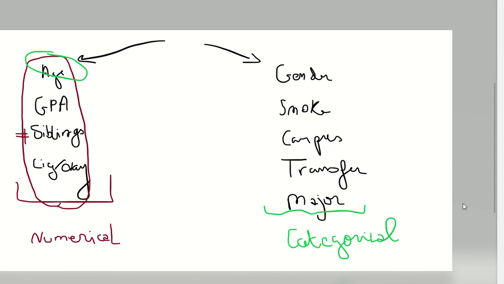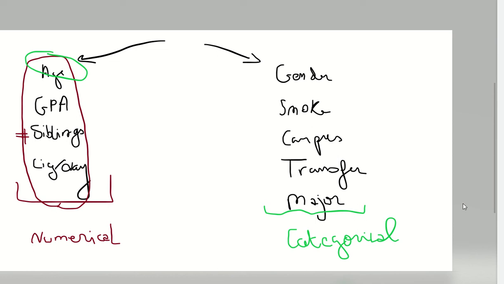Whereas every time you ask a question and the answers are categories, like we said, gender, for example, do you have the flu, yes or no, your favorite color, the car make that you drive, all of these are categorical variables.